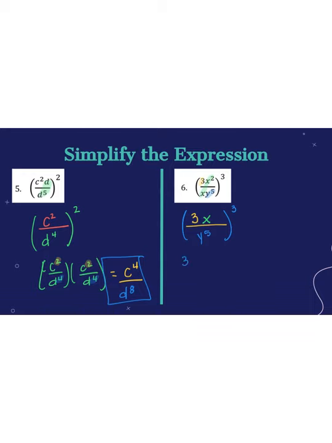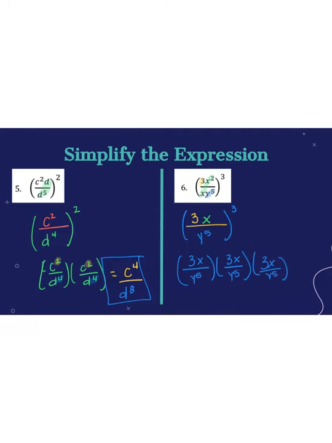So I'm going to have 3x over y to the fifth. That's going to be my first set. I'm going to write it again, 3x over y to the fifth. And then one more time, 3x over y to the fifth.